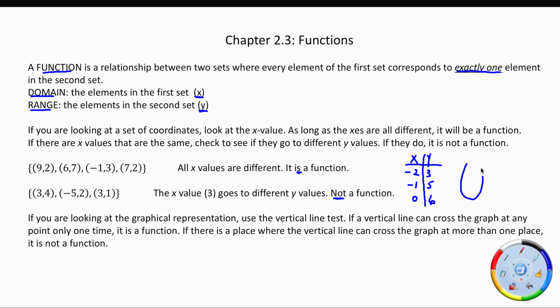Or if we have something like this, some kind of mapping, it's telling me the exact same information. Oh, this is 21, 32, 35. Whoa, wait a minute. I've got something in the first set, in my domain, going to different values in the second set. Not a function.